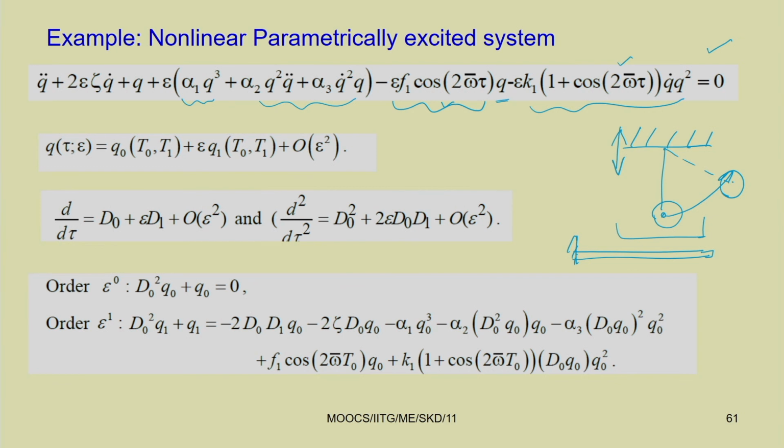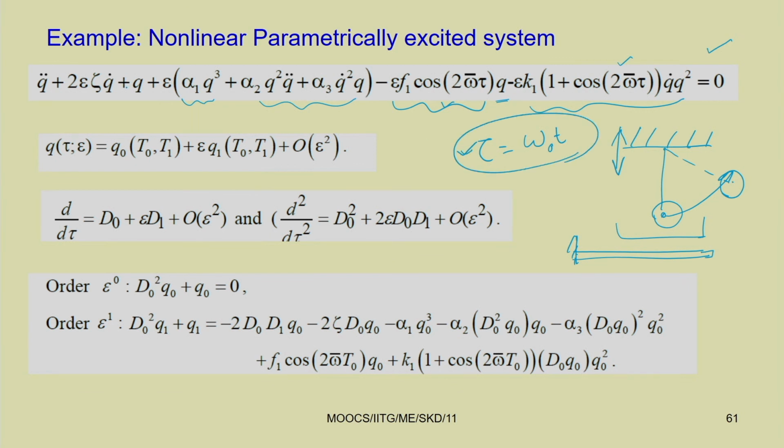Now proceeding in a similar way as we did before, taking q equal to q 0 plus epsilon q 1 and taking d by d tau. When we derived this equation, we took tau equal to omega 0 t. That is why tau is the non-dimensional time.